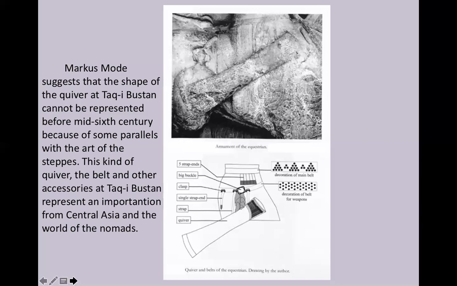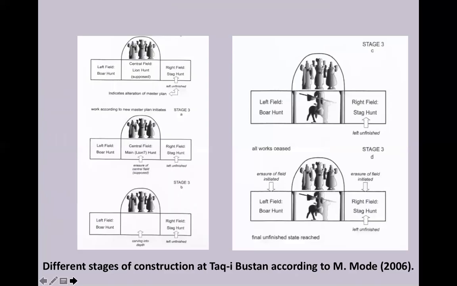And then in the next slide, I would like to show you the different phases of construction that Markus Mode proposed. Practically, Markus Mode didn't know the Mesopotamian connections, which I'm proposing in this presentation.